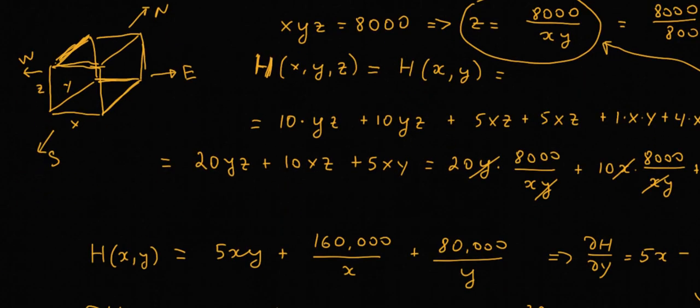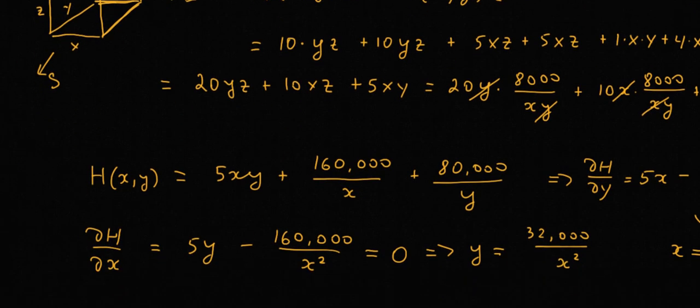And on the other hand, if x or y or both are close to 0, then it's clear that the values of this function are going to be very large, right? Because the terms such as 160,000 divided by x, if x is very small, then the value of this ratio is going to be very large.